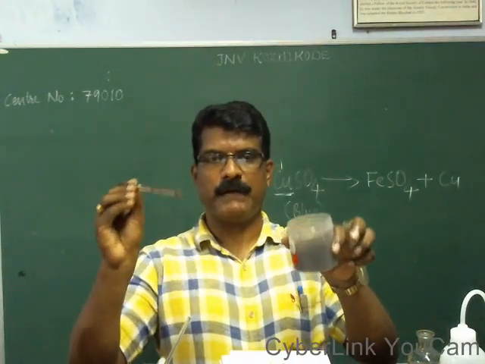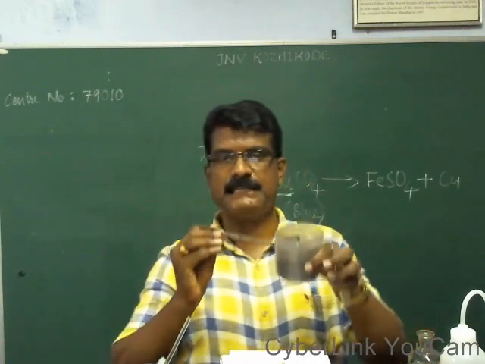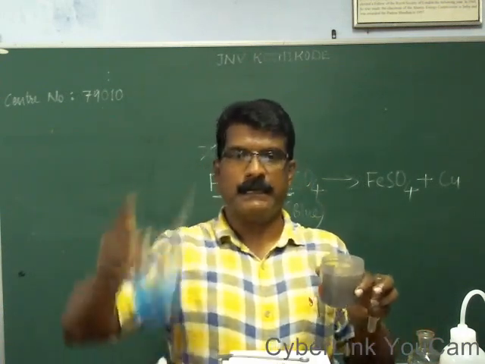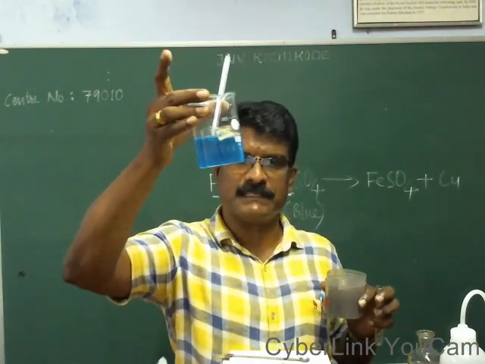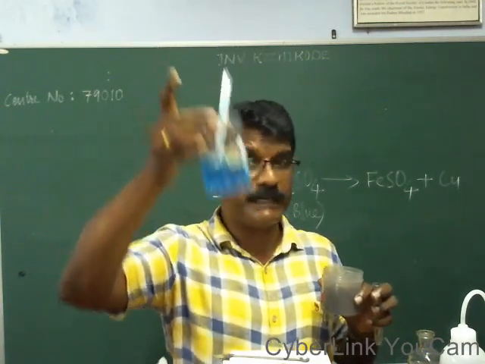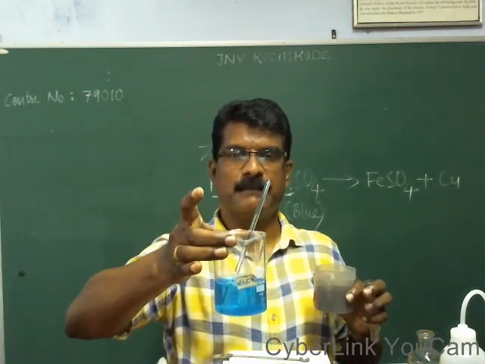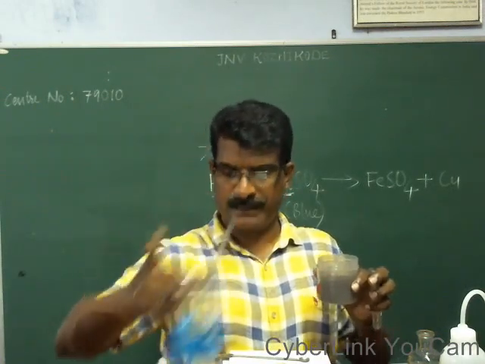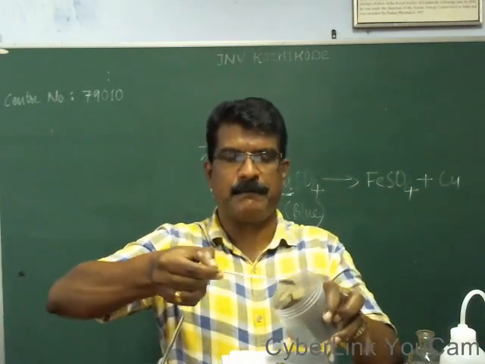See children, now I will show you the same reaction, how iron is displacing copper from copper sulfate solution. The copper sulfate is blue in color. The blue color copper sulfate is this. And see, in my hand, this is iron powder.